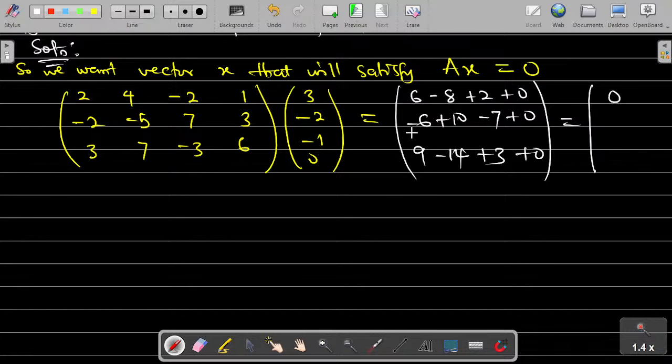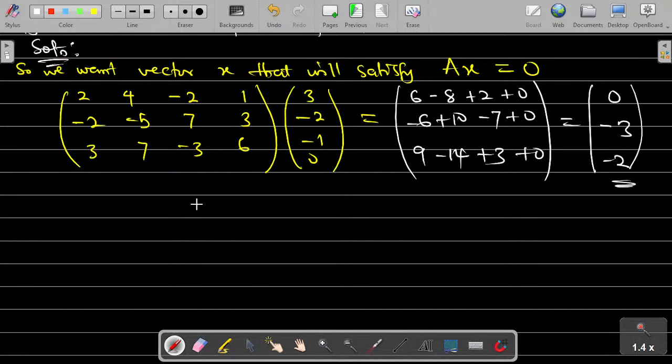The second one did not give 0, it gave minus 3, and the last one also did not give 0. There we have this plus this is 12 minus this is minus 2. So there we produce 0, minus 3, minus 2, which is not equal to the 0 vector.